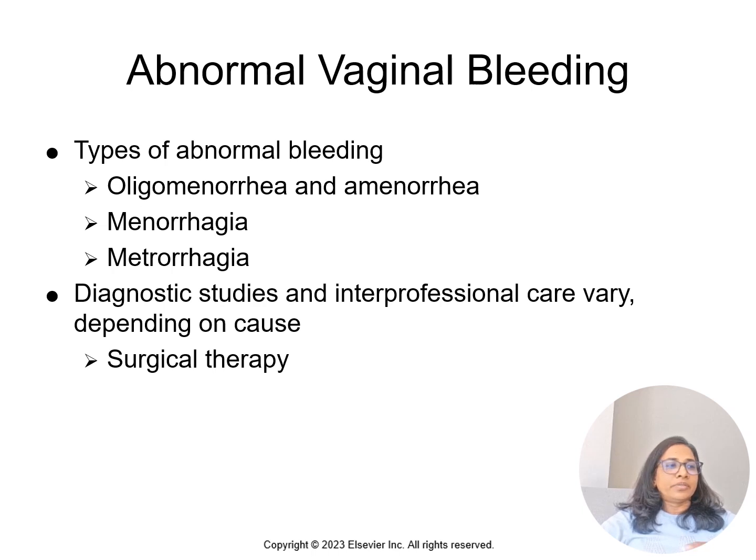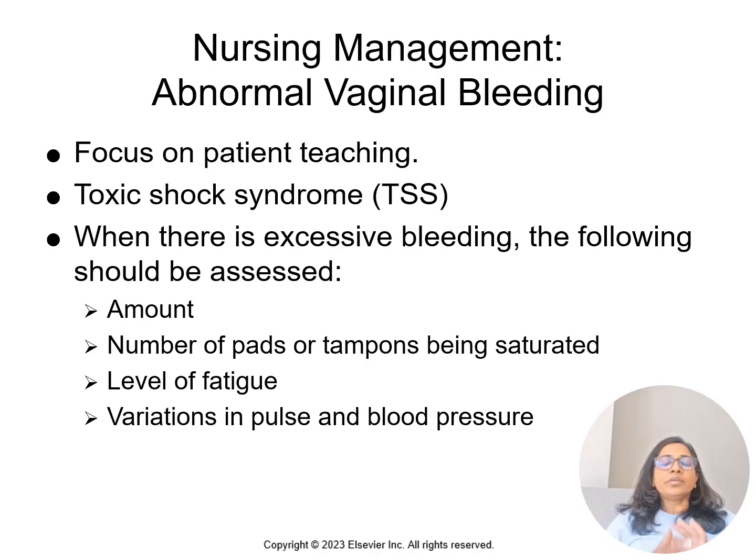Ablation is the use of heat or cold to safely destroy the endometrium so it's not causing too much bleeding. The biggest complication that can arise from this treatment is toxic shock syndrome. As I said before, they are not allowed to use tampons or a menstrual cup after that procedure, because that could cause stagnation of old blood, which is a good medium for growth of microorganisms, especially common organisms like streptococcus, and then it can cause toxic shock syndrome.